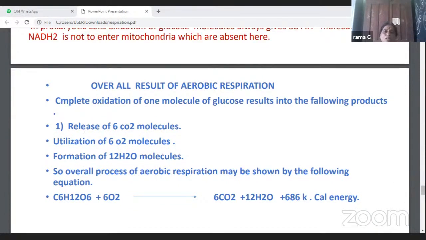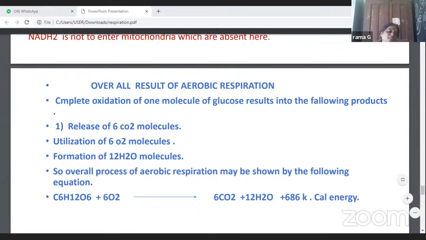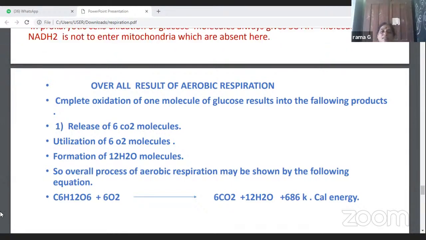After balancing, we can observe the release of 6 CO2 molecules, the utilization of 6 oxygen molecules, and the formation of 12 H2O molecules. Here the released energy is 686 kilocalories.